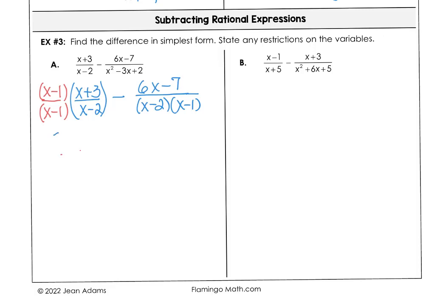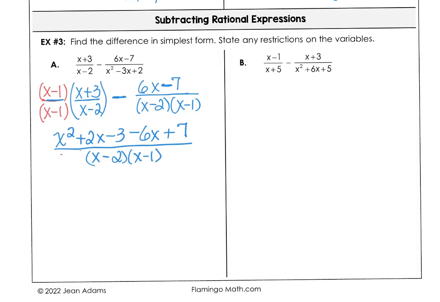And I'm going to go ahead and distribute that. So x squared plus 2x minus 3, when we multiply this x minus 1 times the x plus 3. And then I'm going to subtract 6x and subtract negative 7. So we're adding 7 over our common denominator, x minus 2 times x minus 1.